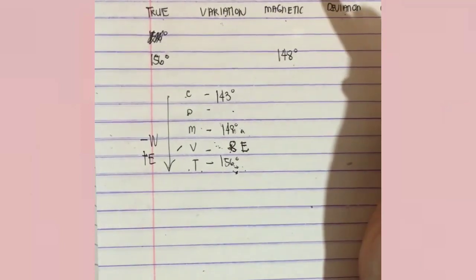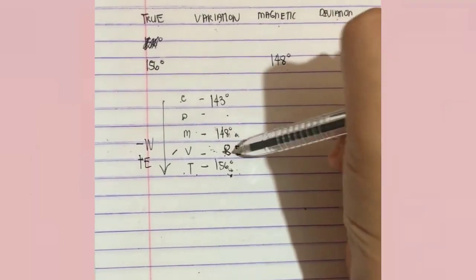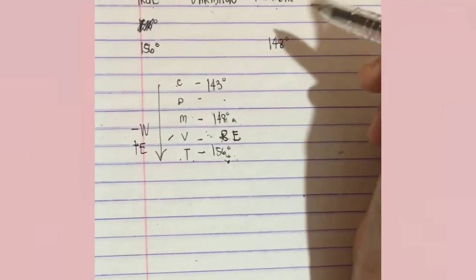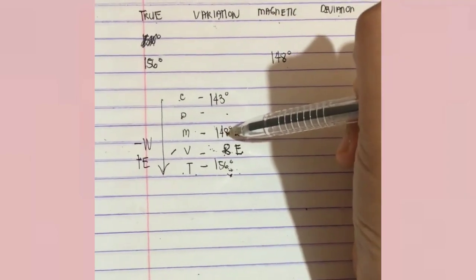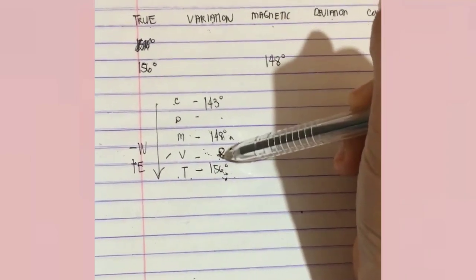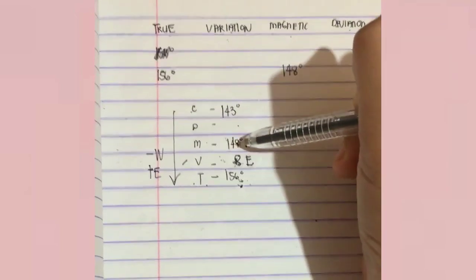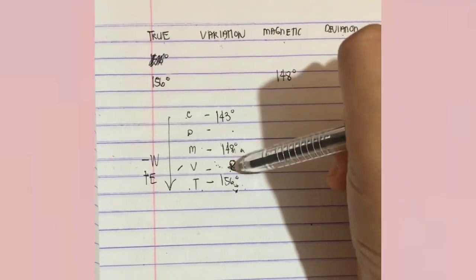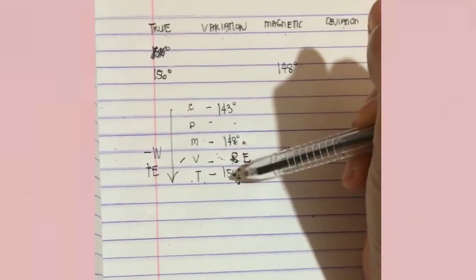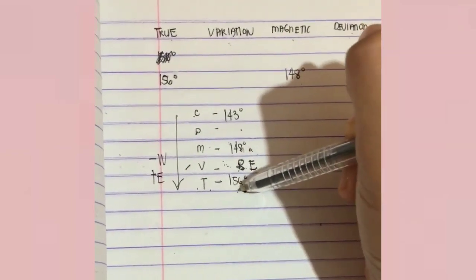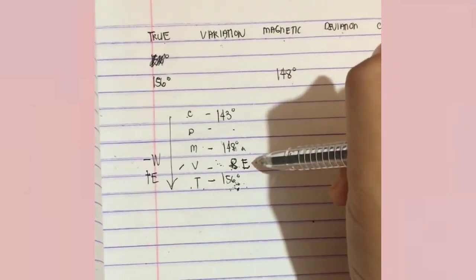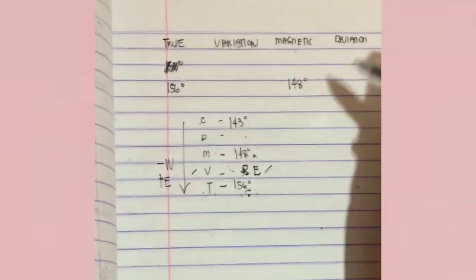So the value will be 8 east. To check if our answer is correct, we only have to add 148 and 8, so the sum will be 156 degrees. So now we already have our variation.